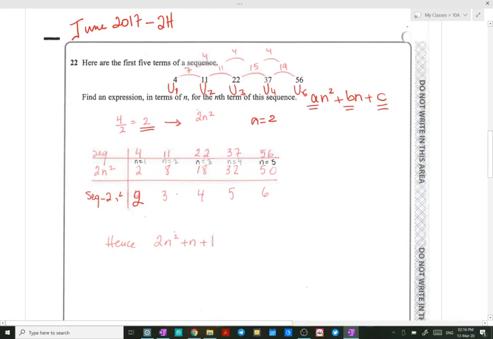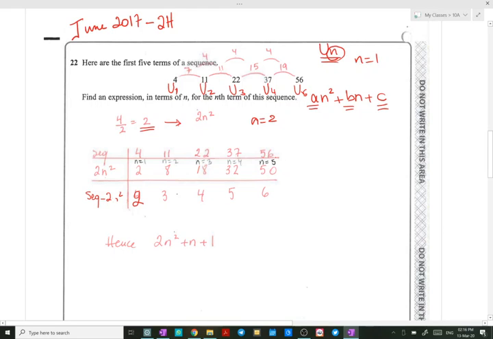What do we mean by un? Un is the general term of the sequence. If we want to find these values, we start with n equals 1. You could also start with n equals 0, but now we're going to start with n equals 1.